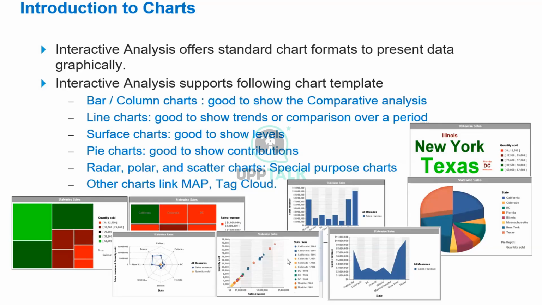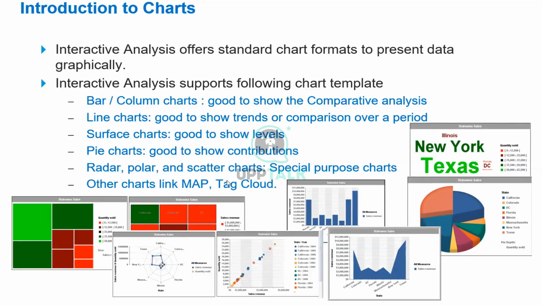Line charts are good to show trends, like a comparison over a period, a yearly trend, how it is going, historical data if we have it. And if you're comparing sales by year, it is good to show using line charts. Anything related to a period over time, how it is changing, it is always good to use line charts.